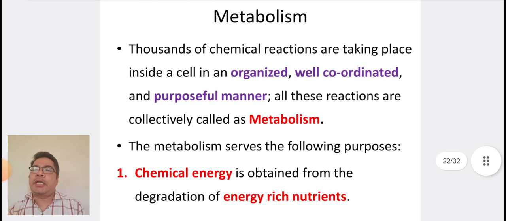Coming to metabolism, thousands of chemical reactions are taking place inside a cell in an organized, well coordinated, and purposeful manner. All these reactions are collectively called metabolism. The metabolism serves the following purposes. First, chemical energy is obtained from the degradation of energy rich nutrients.